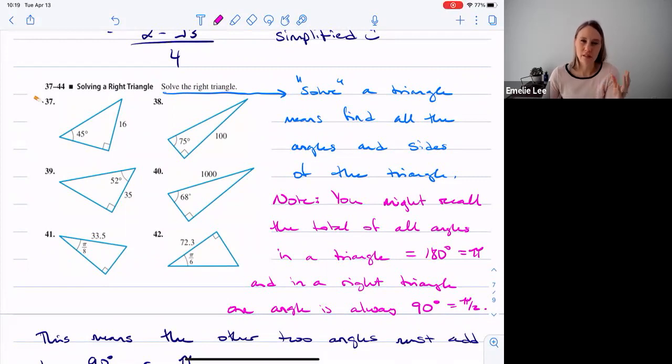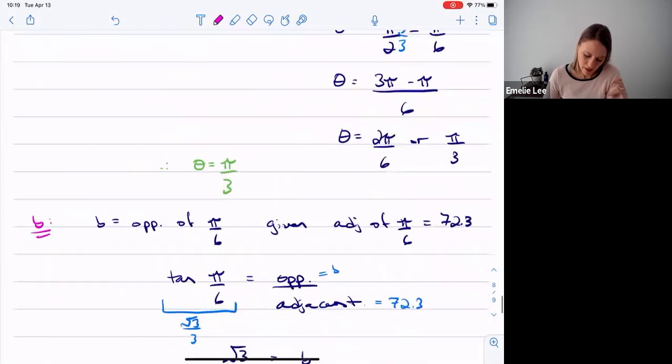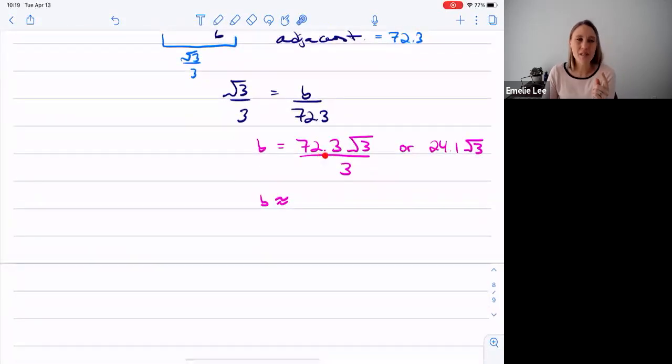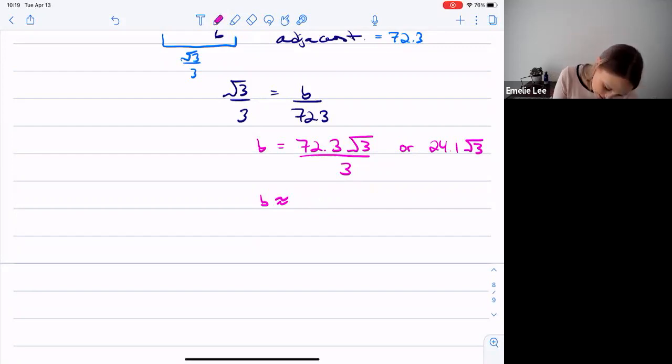In WebAssign, it'll clarify if it wants the exact values or the approximate values. Because 72.3 is a decimal, that's why I feel comfortable going for B as a decimal as well. But just as a note, this is the exact answer.